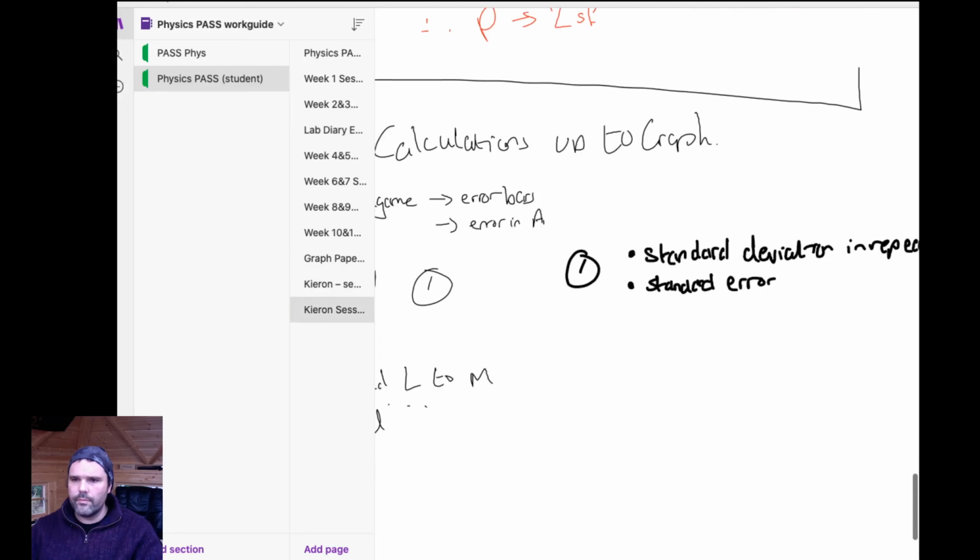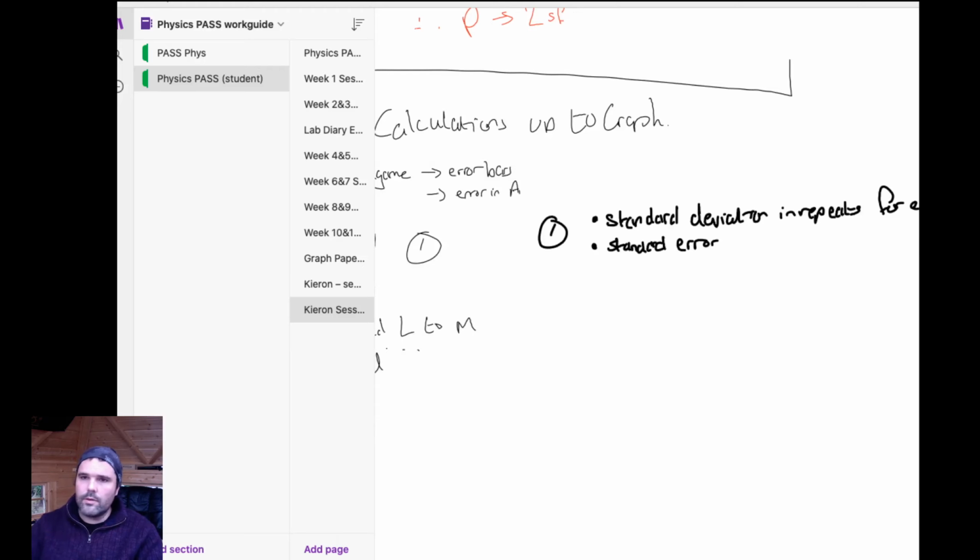I'm not writing the standard deviation equation out, but standard error is the standard deviation divided by root n, which is the number of repeats. So you get the standard deviation in the repeats, and then divide that. So if you've got 3 repeats, get the standard deviation in the 3 repeats, and divide that by root 3.